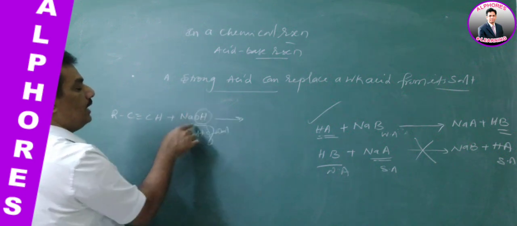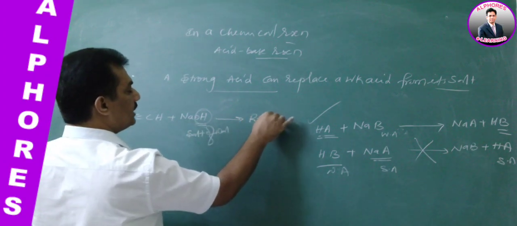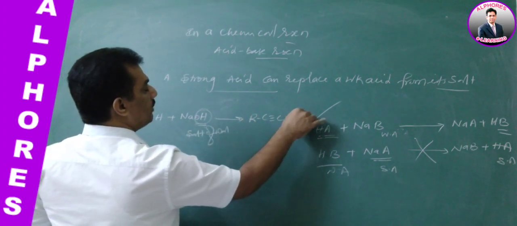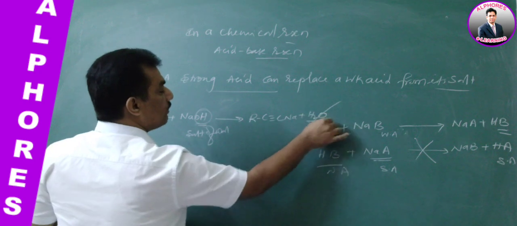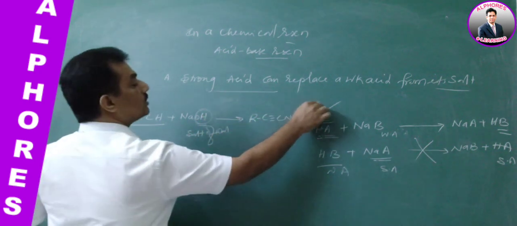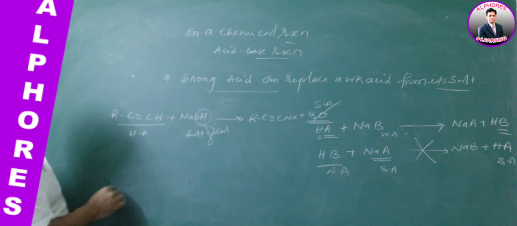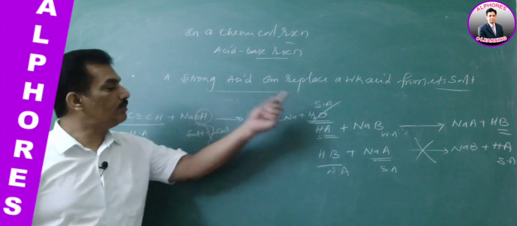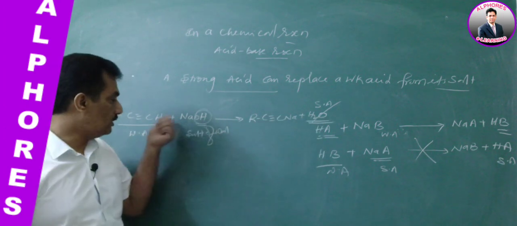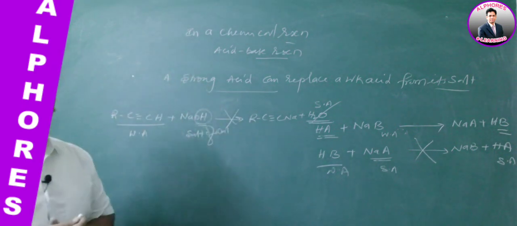Only one H plus is required for this, and if it happens, what should take place is RCCNa plus H2O. This is the formed acid and this is the reacting acid, and water is a stronger acid compared to the alkyne. So a weak acid cannot replace a strong acid from its salt. That's why this reaction couldn't take place.